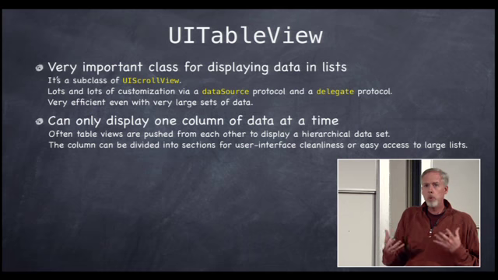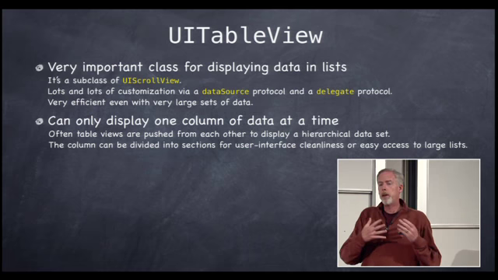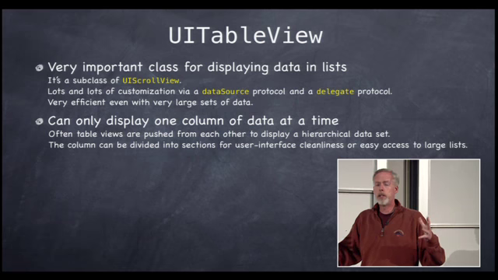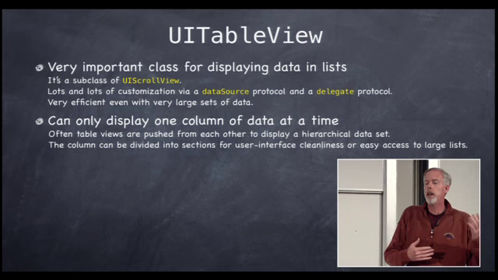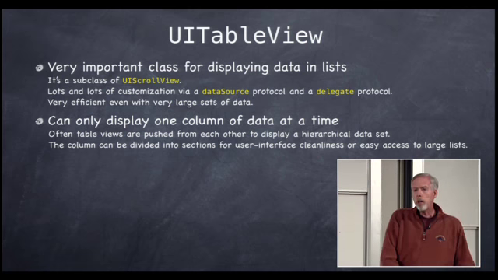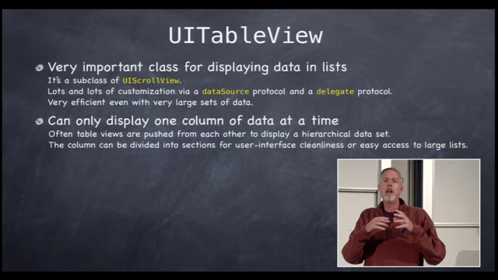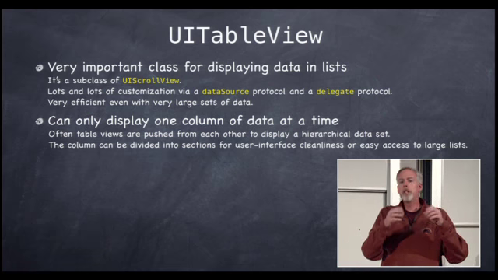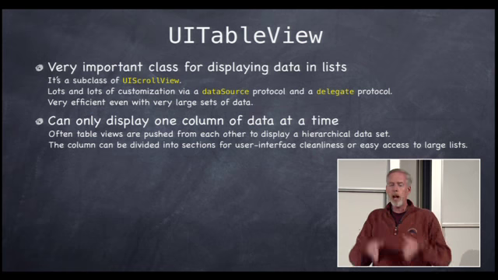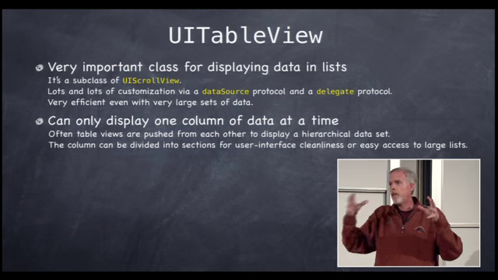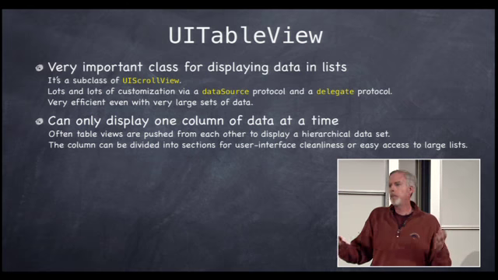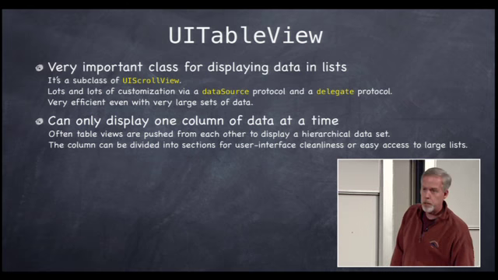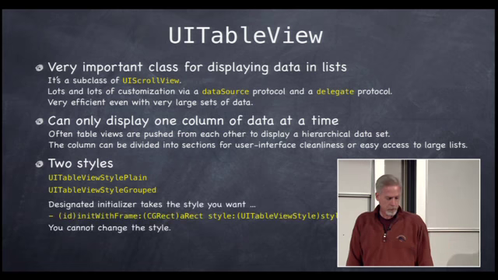But it's used to display hierarchical data sets, where, like, again, back to the iPod, you've got your song library in one column, but then when you click on something like your favorites, it goes to another column where it shows a bunch of albums, and you click on that, it shows another one which is a bunch of songs. So you're navigating through hierarchical data one column at a time, and that's the model that we use to display data using the table view.